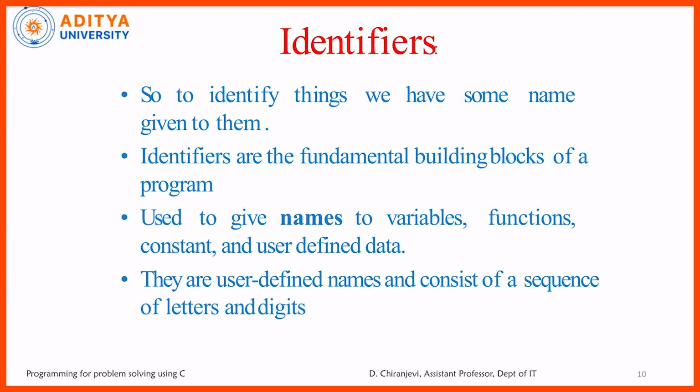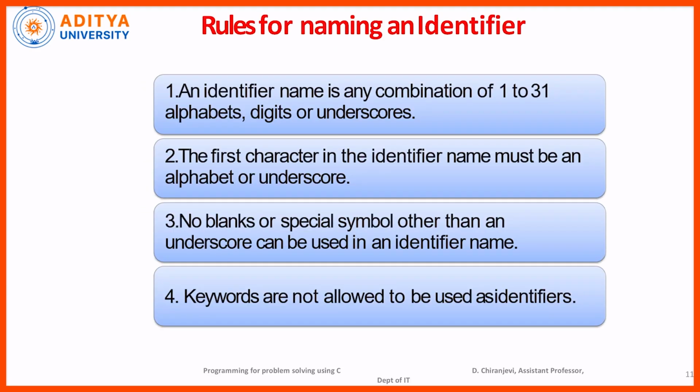These identifiers consist of names, a sequence of letters and digits, and identifier naming must follow a set of rules. An identifier is a combination of alphabets, digits and underscore, with a maximum length of 31.